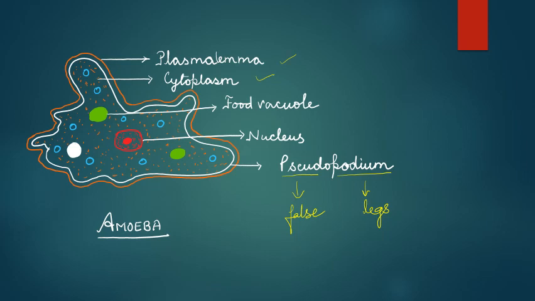There are a number of food vacuoles which store and digest the food which is engulfed by this protozoan. In the center is present the prominent nucleus, and these irregular formations are the pseudopodia or the false legs of this organism, by means of which it moves inside the water bodies as well as it catches its prey.